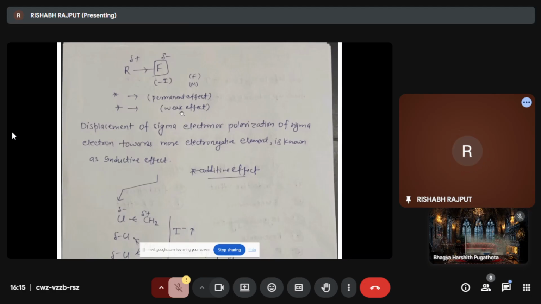See how many people are connecting. Two people are coming.